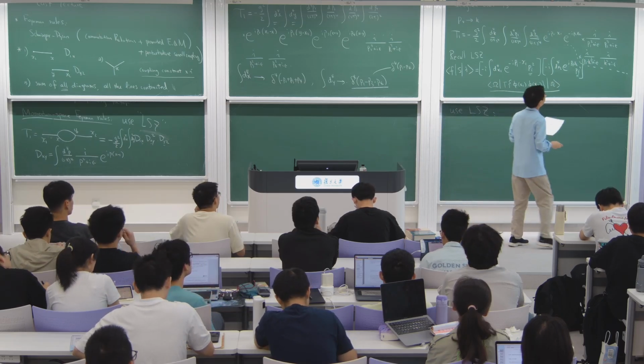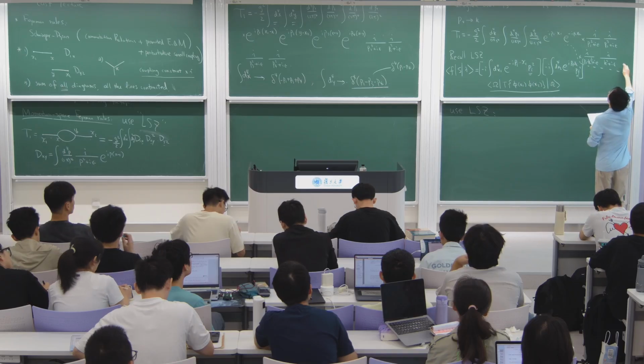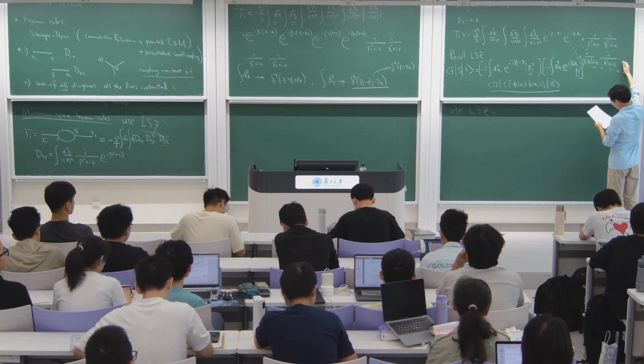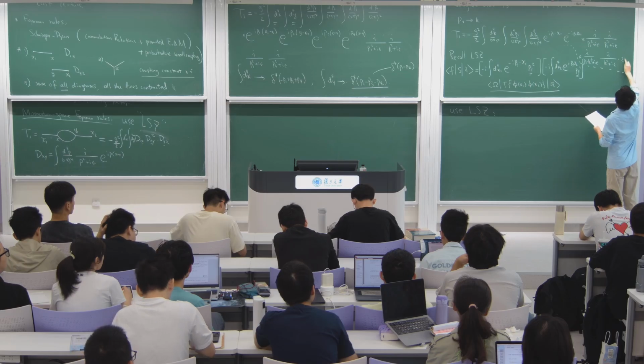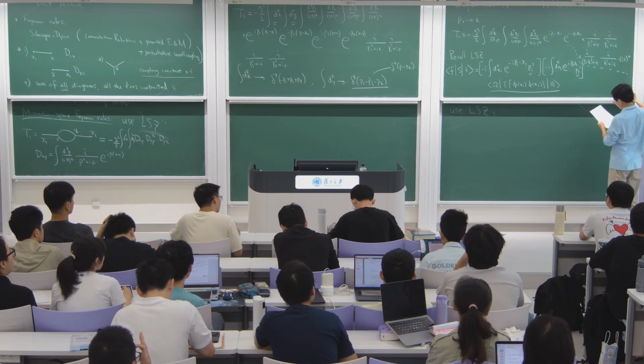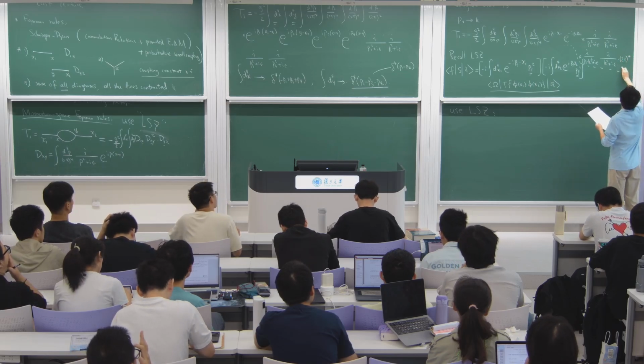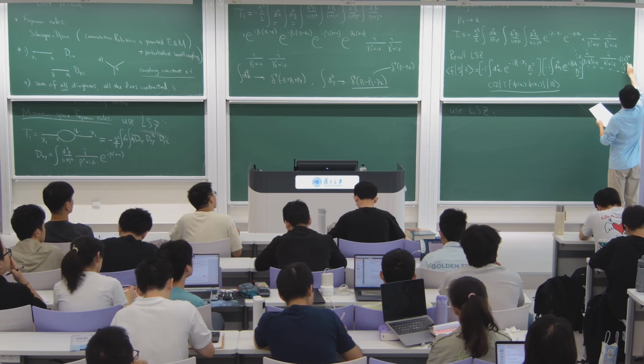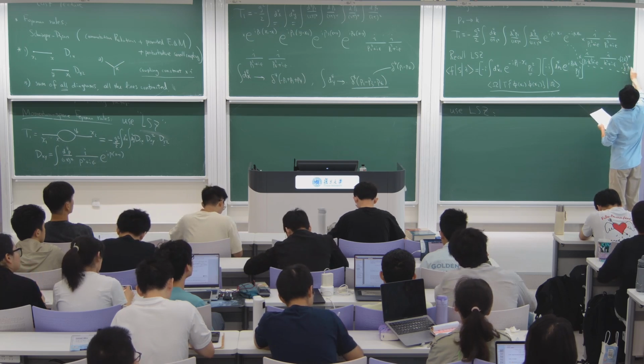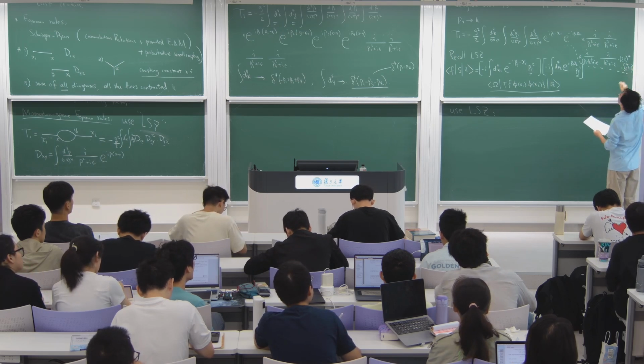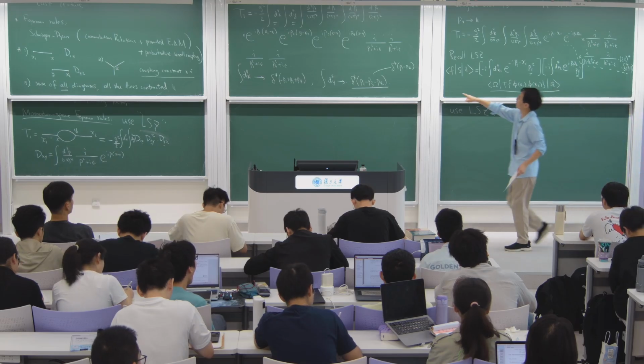Sorry, I think I dropped some factors. Check carefully: there's also a third factor, the delta function of p1 minus p2, because it comes from here, right?